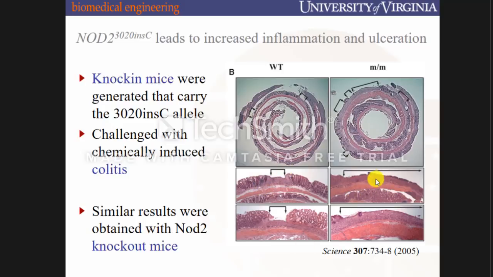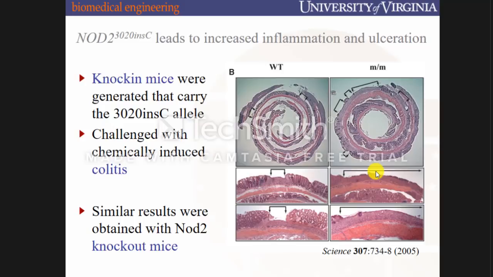But when you look at the knock-in mouse, the entire epithelium is gone. It's hard to appreciate if you don't know what you're looking for, but this paper reported that the entire epithelium is gone in these NOD2 knock-in mice where they inserted the same mutation seen in patients.